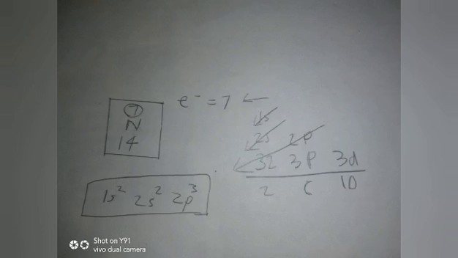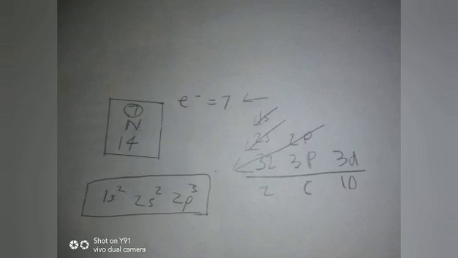So here's what we need to do first. Start with 1s. I'm going to write 1s2 because s can hold up to 2 electrons. Next, move to the 2s sublevel. 2s can also hold 2 electrons.